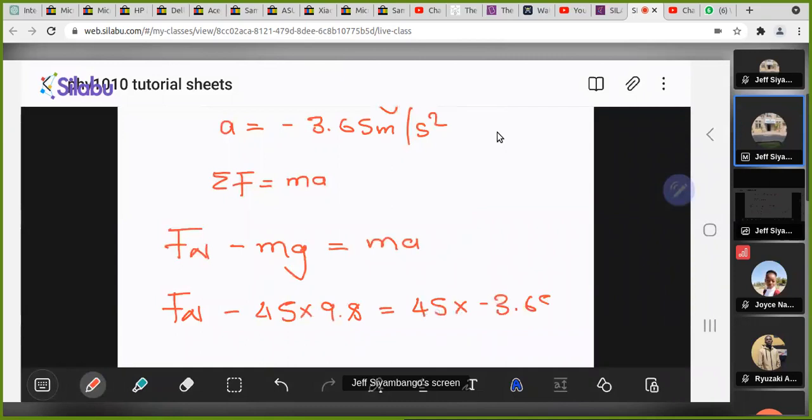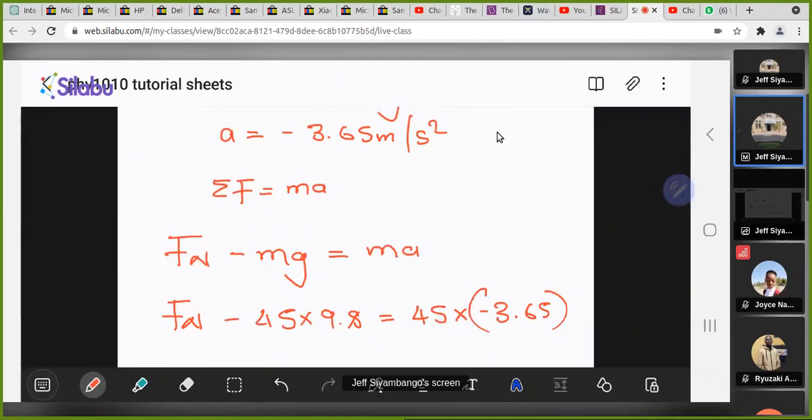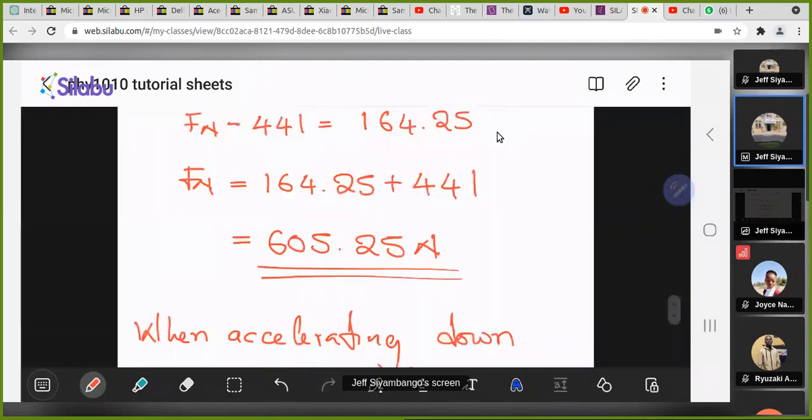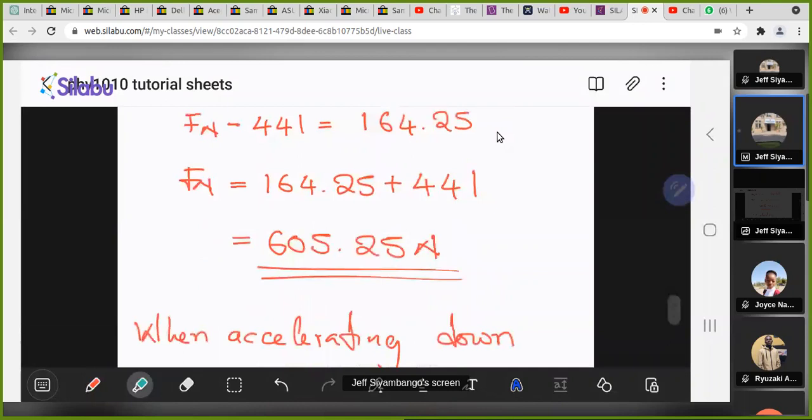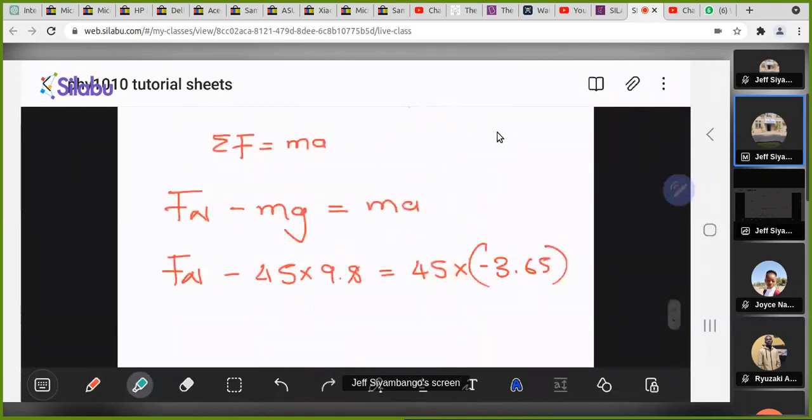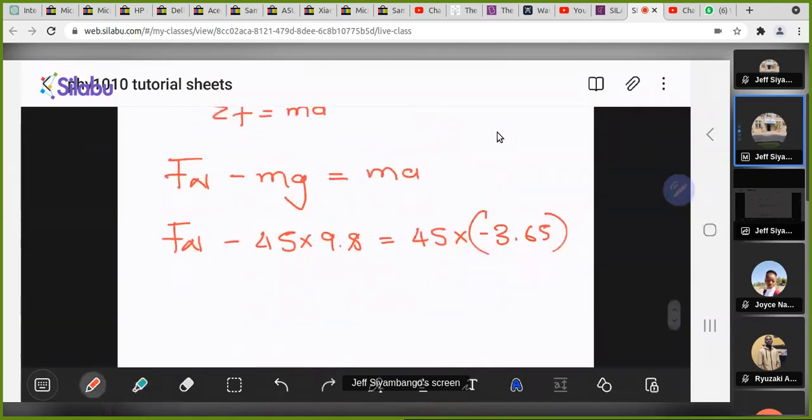This is the only difference. Notice that this is the only difference. I am now using negative instead of this positive, because here it was going up, so positive. Here it is going down, so negative. So we simplify.